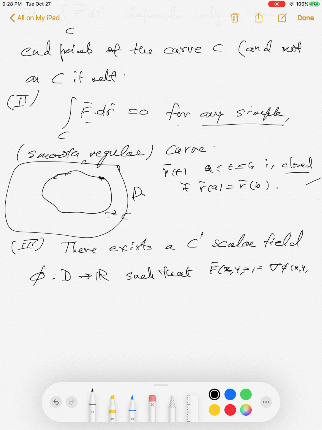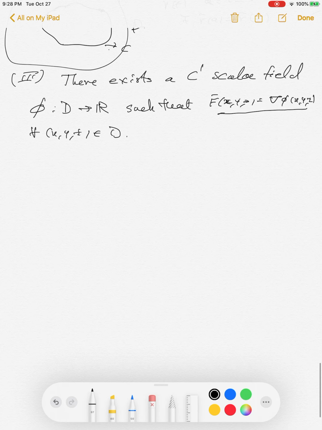So f at any point x, y, z is the gradient of phi at x, y, z for all points x, y, z inside D. So in other words, those vector fields which come as the gradient of a scalar field have the property that the line integral is independent of the curve joining them.